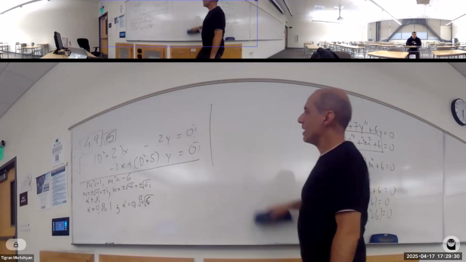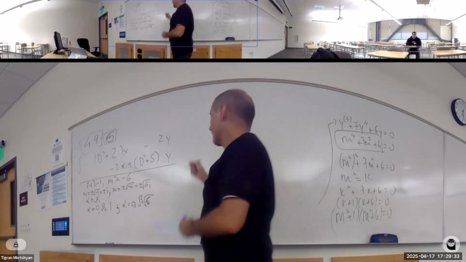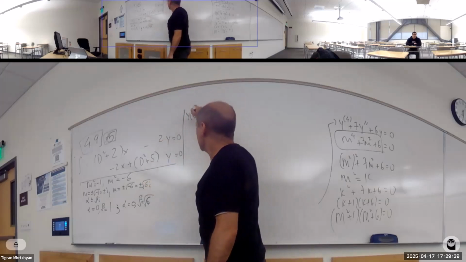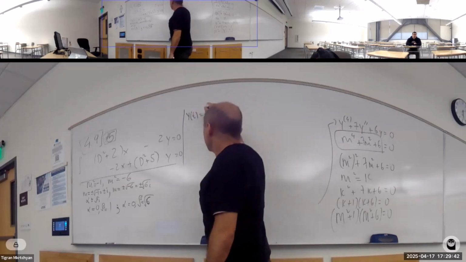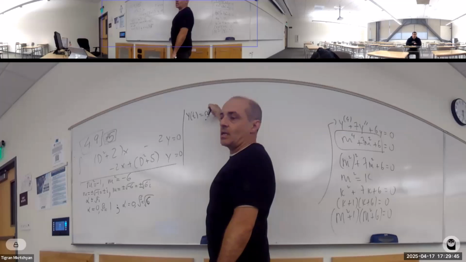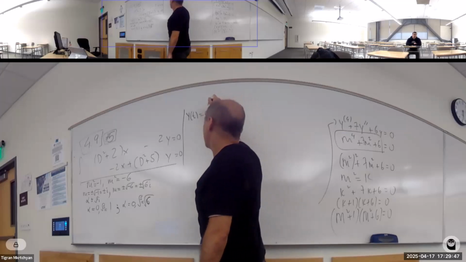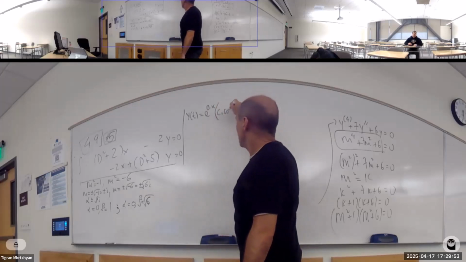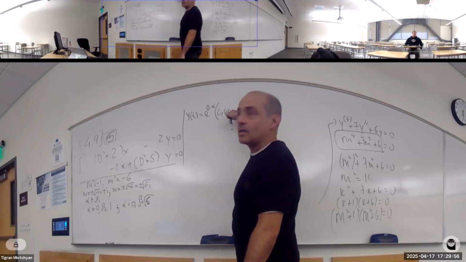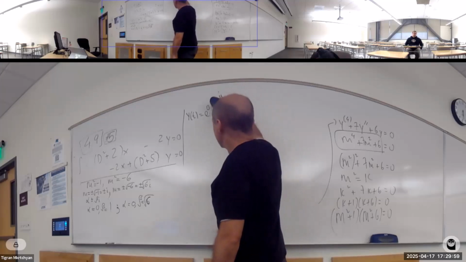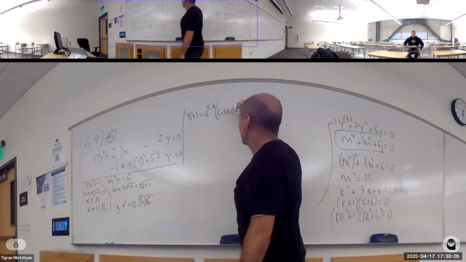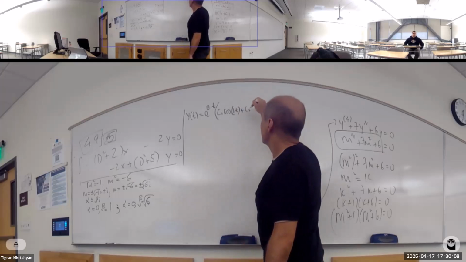Okay. So from there, y of t equals e to the alpha x, I write 0x, and then we have c1 cosine of beta t, I just want to remind you this, that's why I'm writing like this, plus c2 sine of beta t.